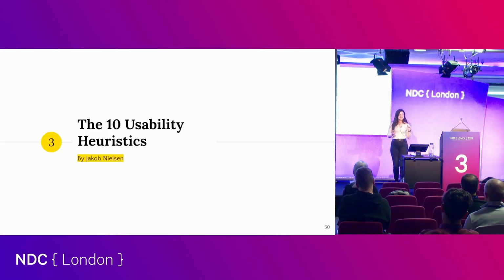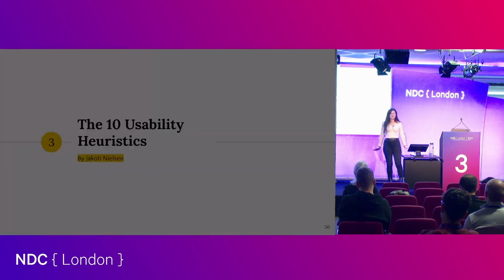So let's see that, let's do that. We have 10 simple rules. These rules are not coming from me, by no way. These rules are coming from Don Norman and Jacob Nielsen, the two fathers of UX, and they were manifested in 1995.